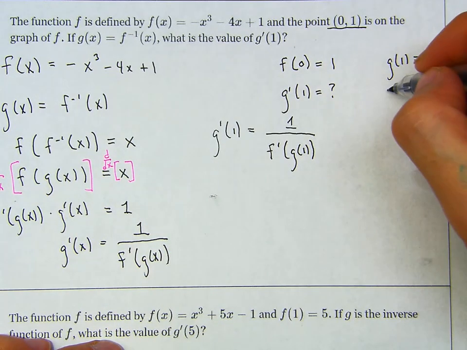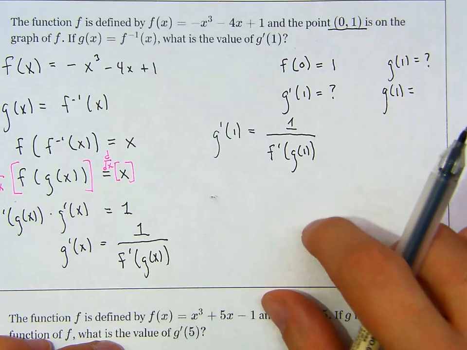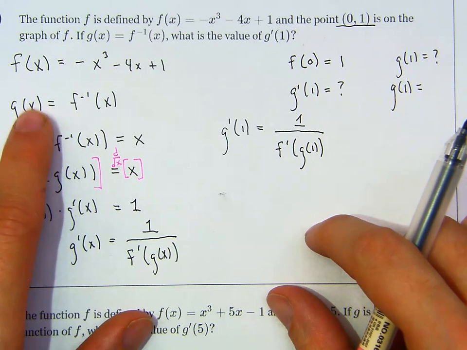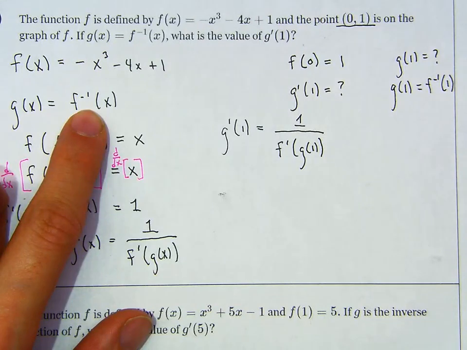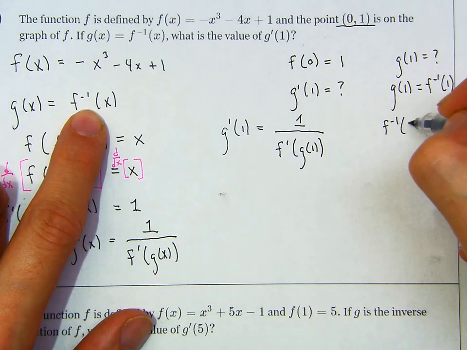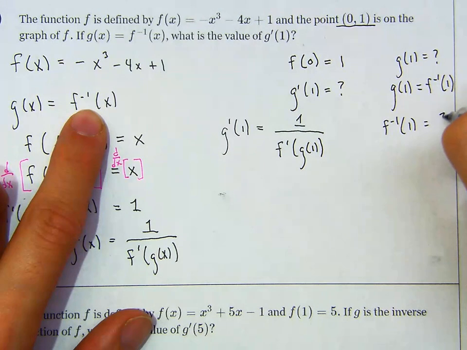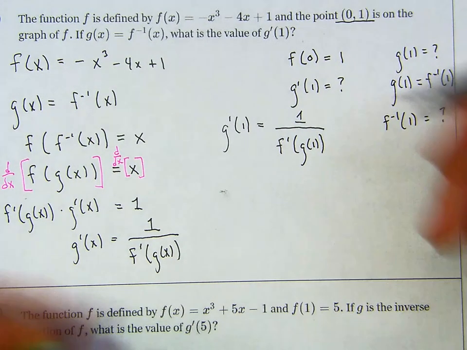So you know that g of 1 has to equal, right? Let's focus here. g of 1 has to equal f inverse of 1. Okay? So what is f inverse of 1? Do we know what this is?